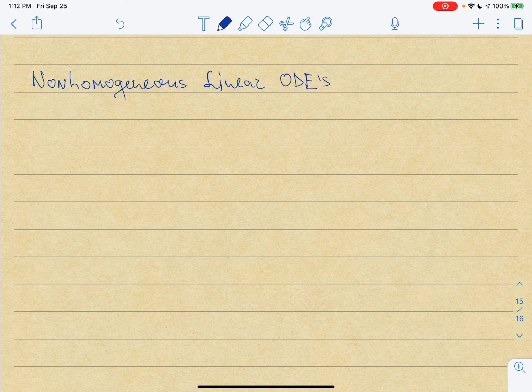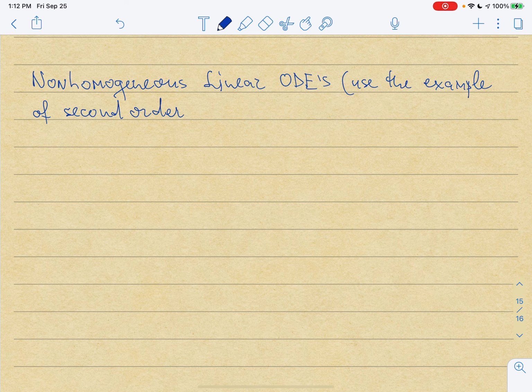And so we're using the example which is of second order, but this example should apply to linear ODEs of any order.